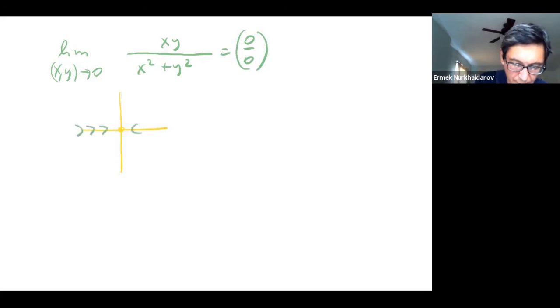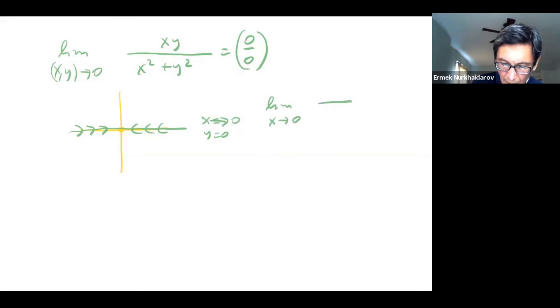Approach it horizontally. X approaching 0, y equals to 0. We're going to get limit as x approaching 0, x times 0 divided by x squared plus 0 squared. So we're going to get 0.